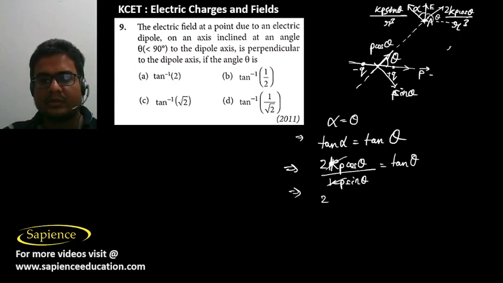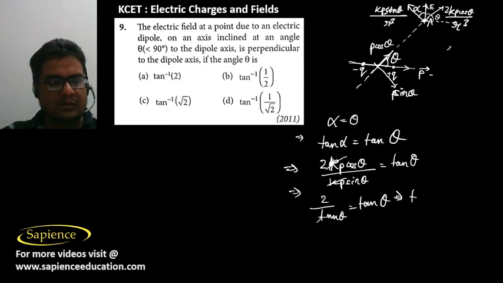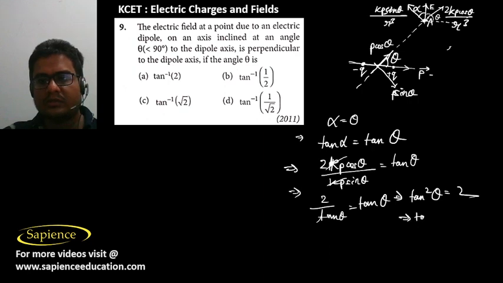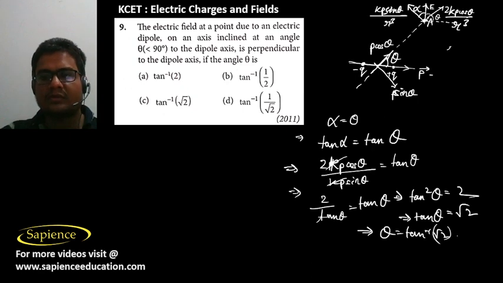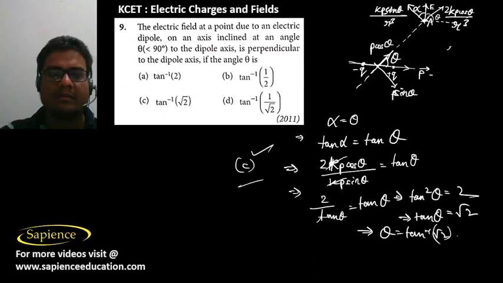So tan theta equals 1 by 2 tan theta, so tan square theta is 1 by 2, and theta should be equal to tan inverse root 1 by 2. Option C is the correct answer.